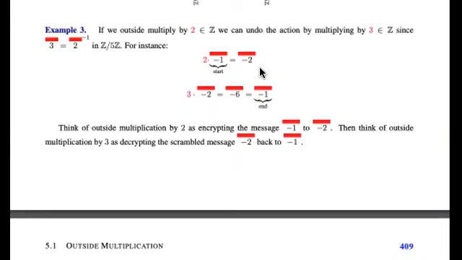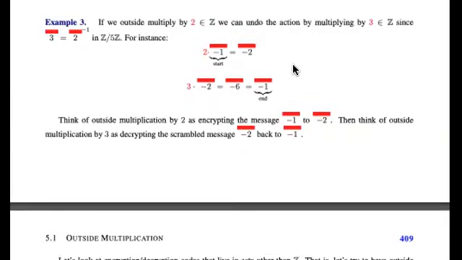Those are some key elements of being a nice outside multiplication. Let's look at some examples and keep working through this. So for instance, we outside multiply by an integer 2 in Z to something in Z mod 5Z.